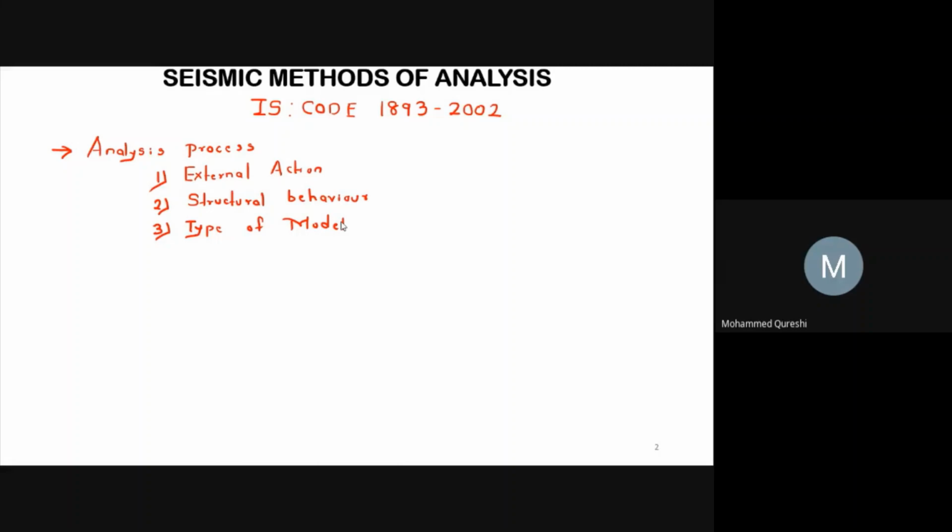So different methods of analysis provide different degrees of accuracy. Hence, the analysis process is classified by these three factors: external action, whether it is static analysis or dynamic analysis; structural behavior, whether it is elastic analysis or elastic plastic analysis; and last is type of model, that is 1D, 2D, and 3D.